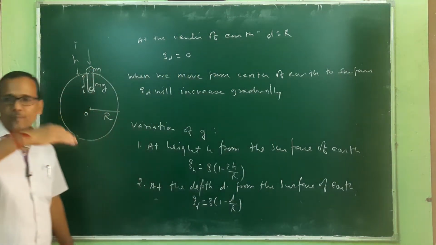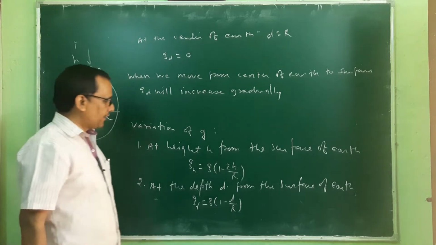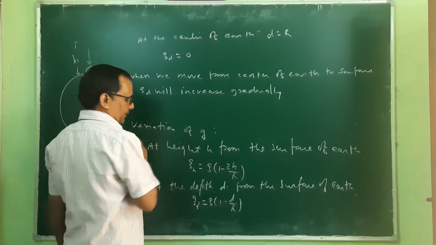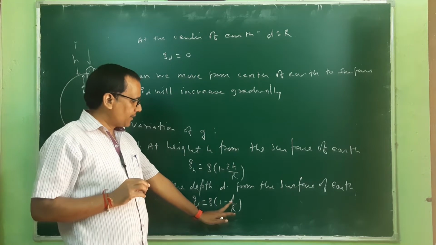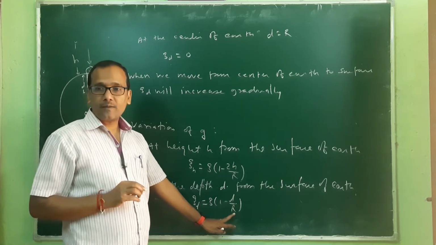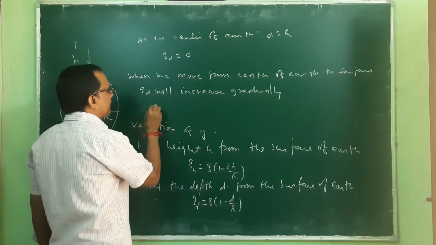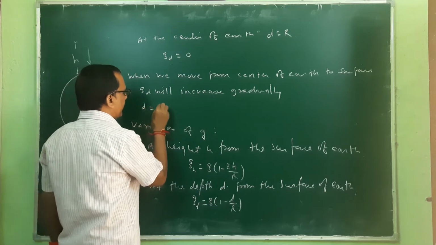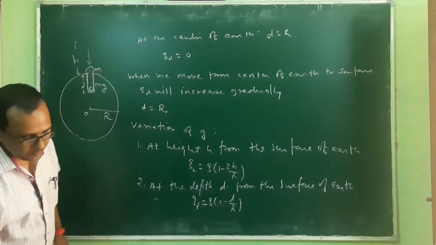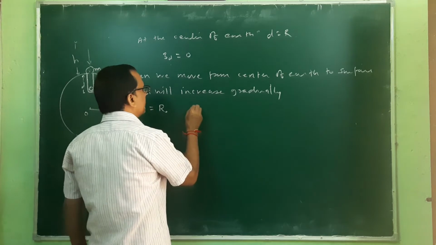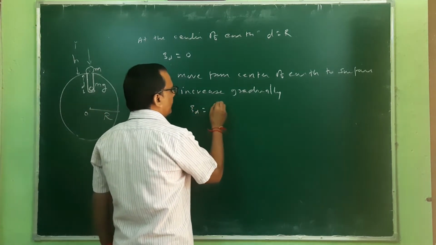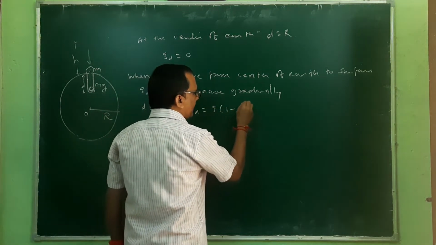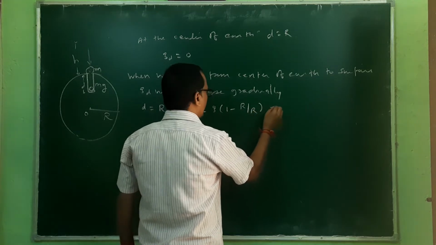So g increases proportionally. So you can check that when this d is taken as equivalent to R, this is equal to g times 1 minus R by R, and this is equal to 0.